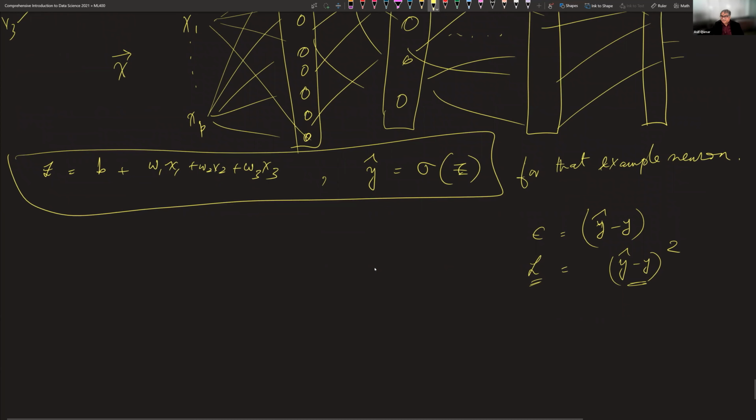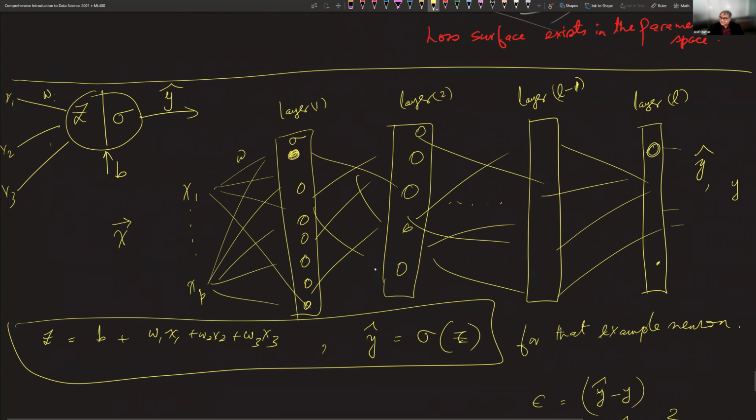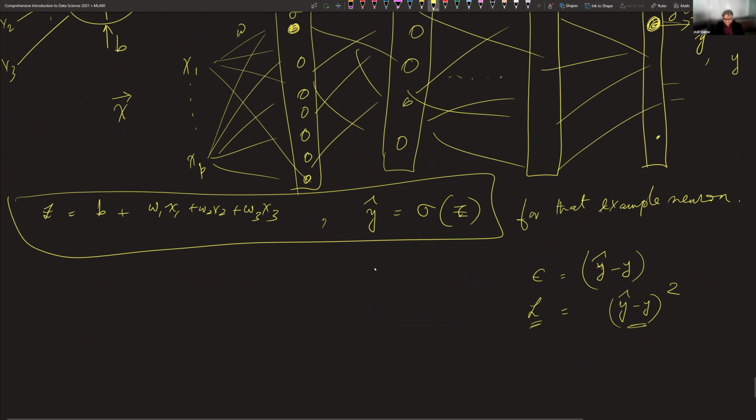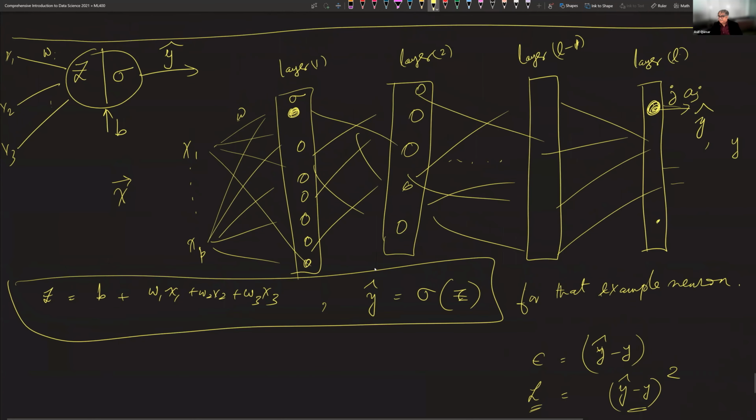Let's draw the diagram. Let us look at the final layer. And now let's bring in our subscripts. Let's say that there is a neuron here, the jth neuron in this layer, producing an activation A of J. And let us say that all the other neurons are also producing their activation.